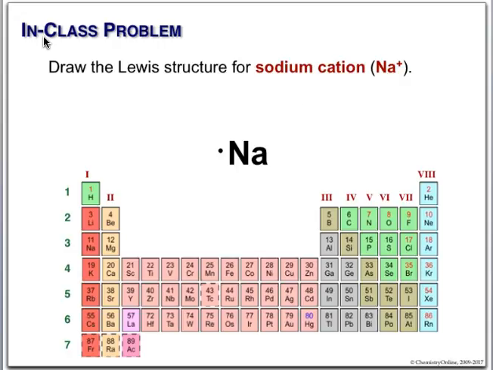Now, how do we make this positive? We take that electron away, don't we? When we do, sodium has no valence electrons around it. But by doing so, it's the same configuration now as neon.